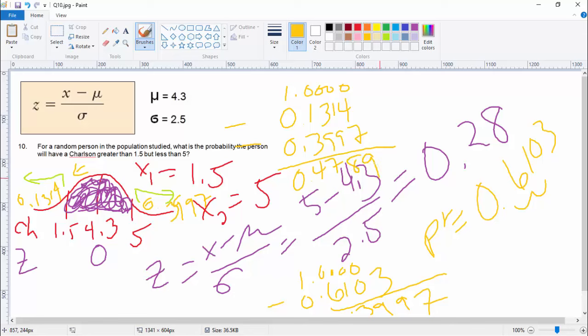Okay, I know that was a lot of steps, but that's kind of what you have to do when you have two x's. I'm showing you the third way. You have to find the probability of the little piece here, and then the probability of the big piece here, which is enough trouble, and then subtract both of those from the whole, and that's how you'll get the middle purple part.